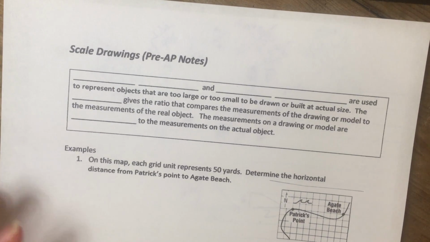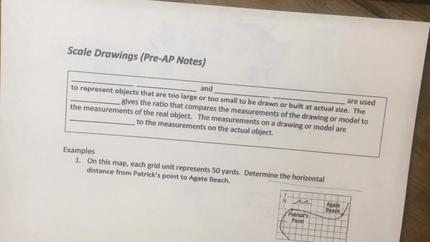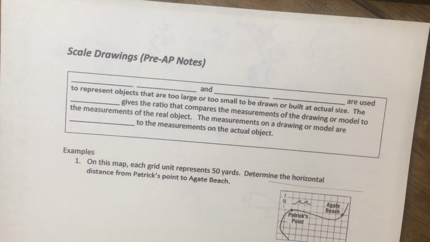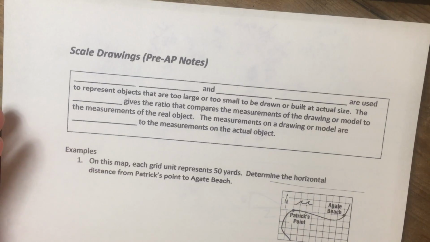I have a sister-in-law who's an artist, and she often draws pictures of people. She might start from a small photo, but then she wants to do a larger portrait of that person. She'll measure the actual size of the person's eye on the photo, and then she'll multiply that by a certain number in order to make the eye that she draws on her canvas bigger, so that it looks more like a normal eye.